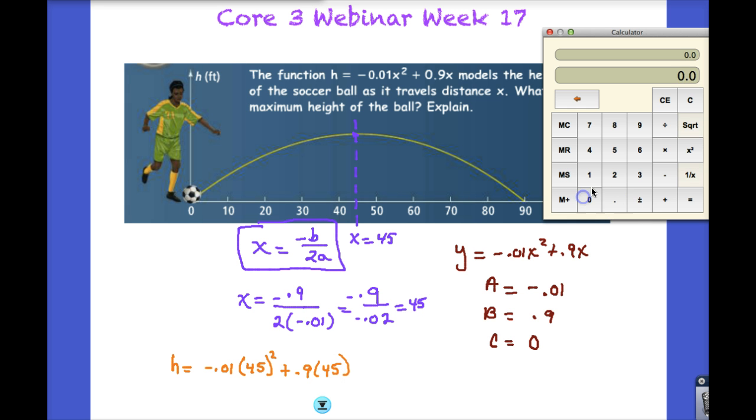And then once again, I can use my calculator to take 45 and square it, and I get 2,025, and then multiply that times 0.01.